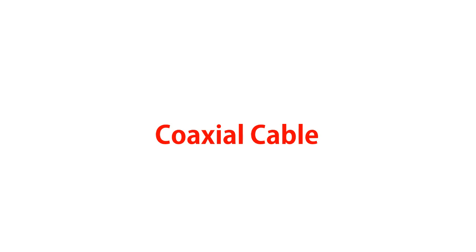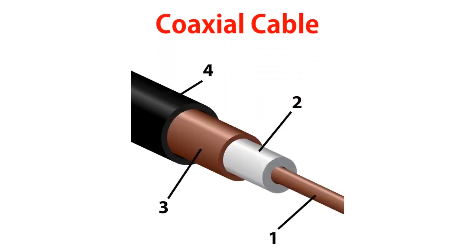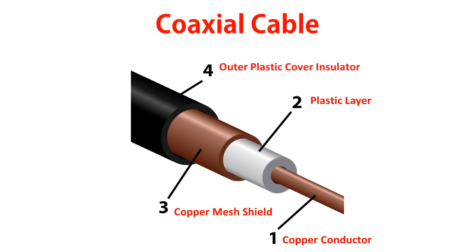Coaxial cable. If we closely observe coaxial cables, we will see a single copper conductor at the center, where a plastic layer provides insulation between the center copper wire and the copper mesh shield, which is further protected by outside insulation.